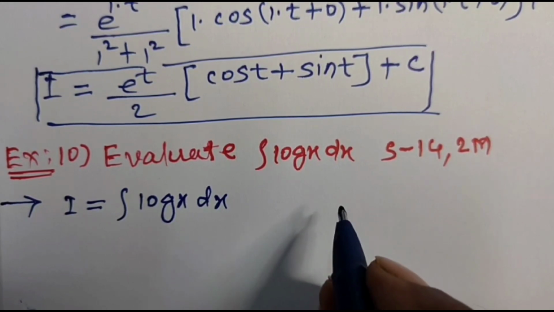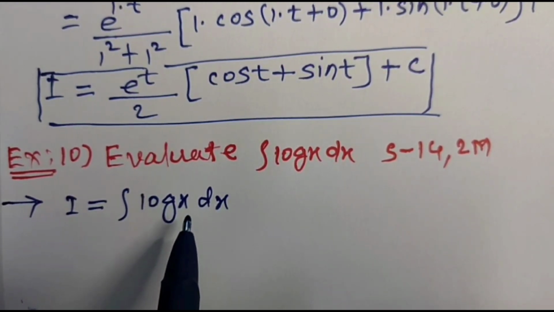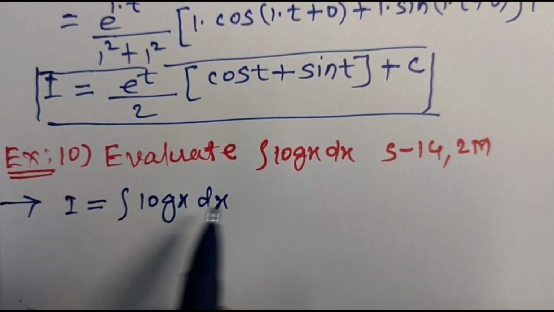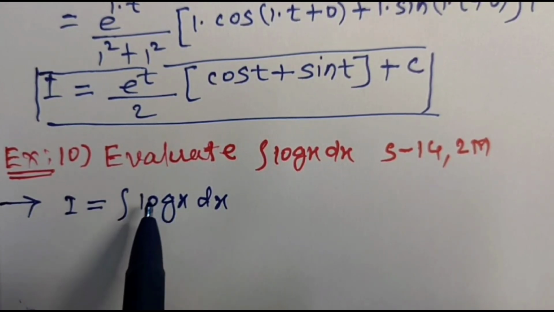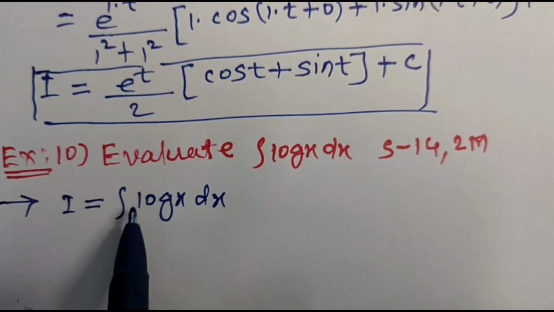In the LIT rule, L means logarithmic function is always at the first position. We have to find another function such that the product of this logarithmic function and that function gives this integrand log x.